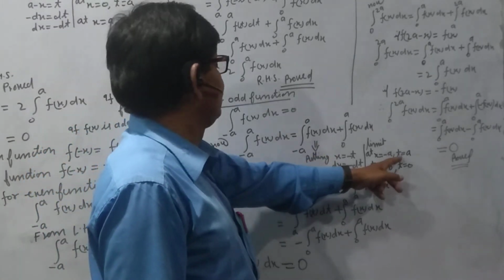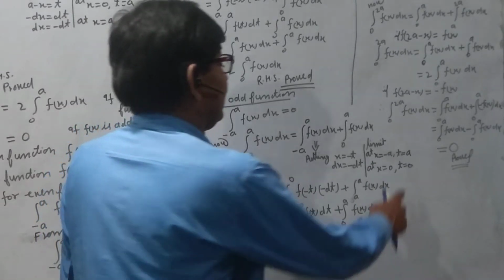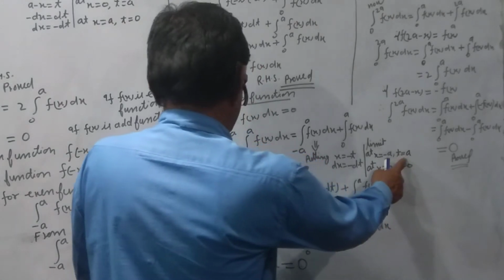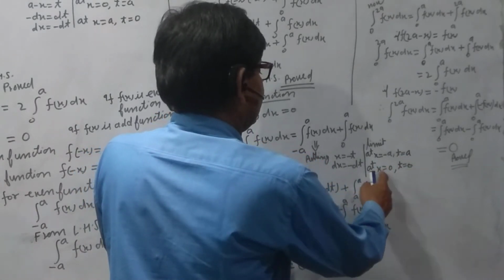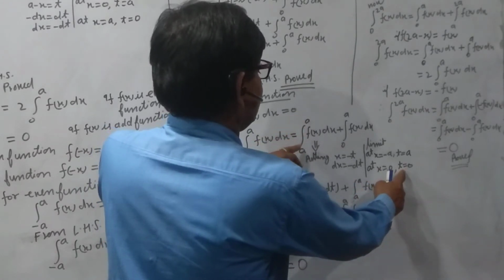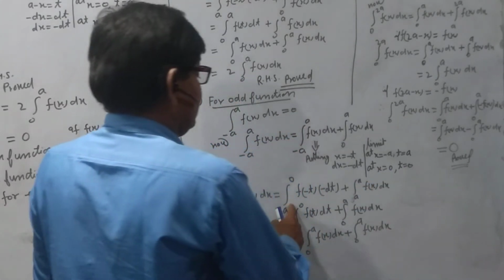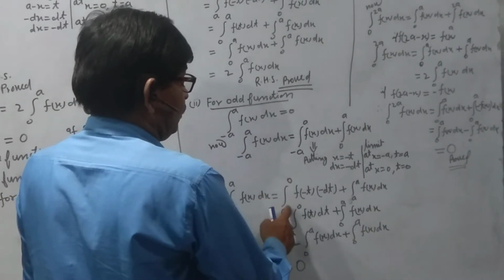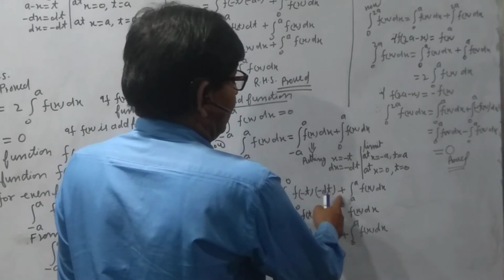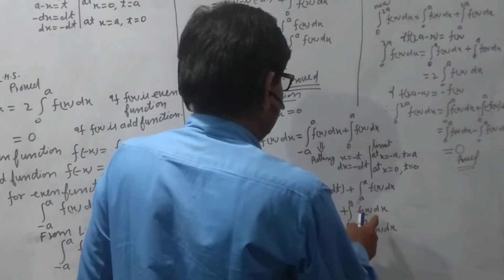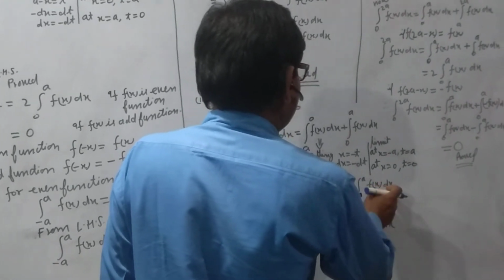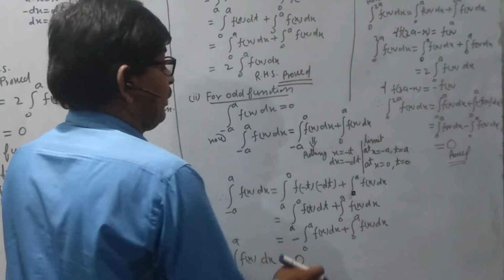The limits: at x equal to minus a, t equals a, and at x equal to 0, t equals 0, so this will be written as the integral from a to 0 of f(minus t) times minus dt, plus the integral from 0 to a of f(x) dx.